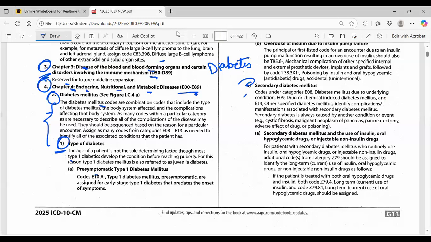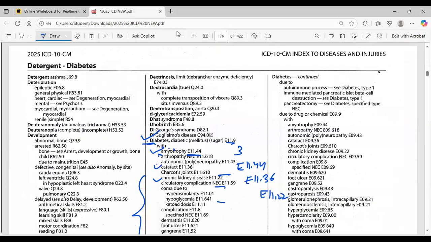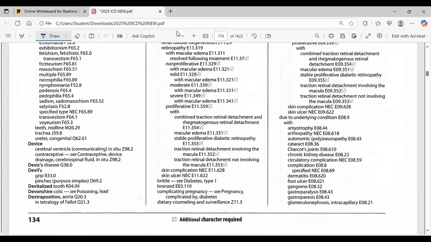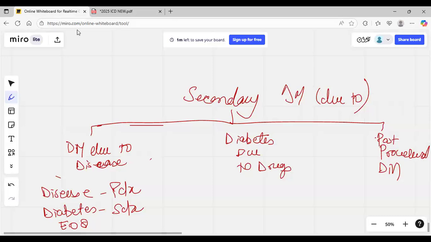So whenever a patient has diabetes due to disease, due to an underlying condition, your diabetes code should be from series E08. You have to keep your disease at the primary position followed by the diabetes code.